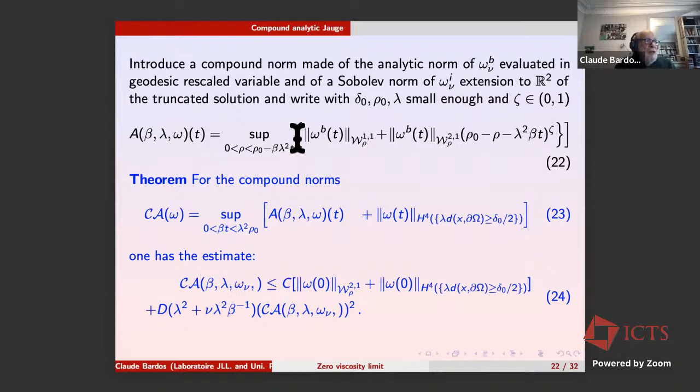First, I look at this quantity A beta lambda. It's the analytic norm on the previous slide of omega 1 beta, the omega 2 1 beta, and you have a weight which corresponds to the fact that you will shrink the analytic domain with time, make it smaller and smaller as time evolves, to have a control that will be valid for finite time.